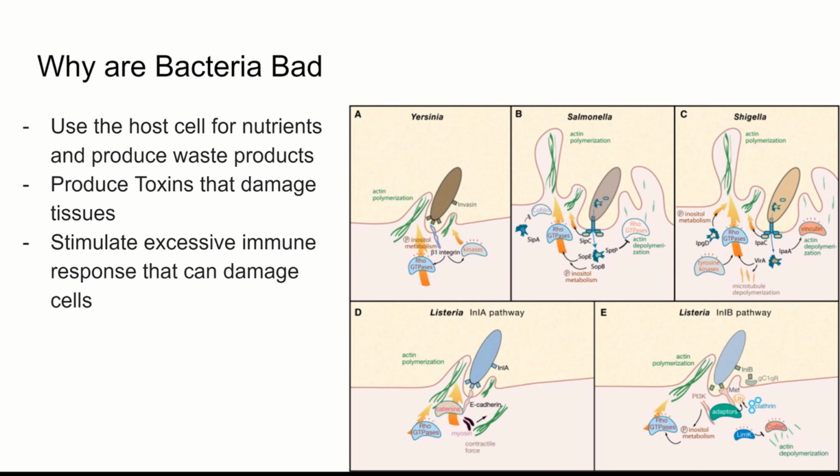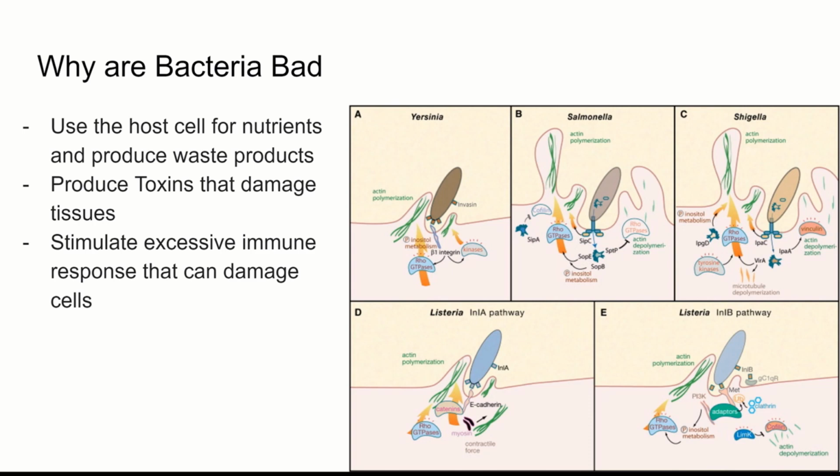So why are bacteria bad? Why do we care if we get an infection with bacteria? Well, the bacteria acts like a microscopic parasite almost. It pulls nutrients from the host cell, and then it produces waste products.